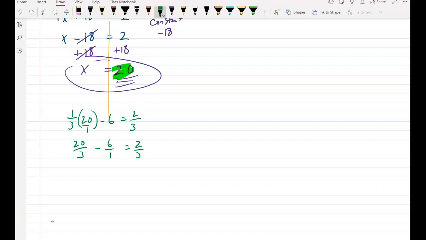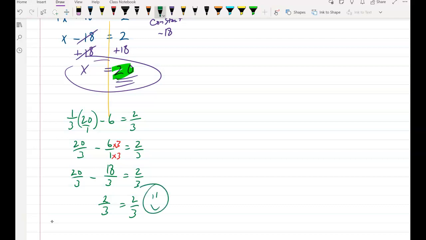Common denominator will be 3, so this will be still 20/3. Common denominator here of 3, that will be times 3 times 3. That's 6 times 3 is 18. So 20/3 minus 18/3. And that does equal 2/3. 2/3 equals 2/3. We're good.